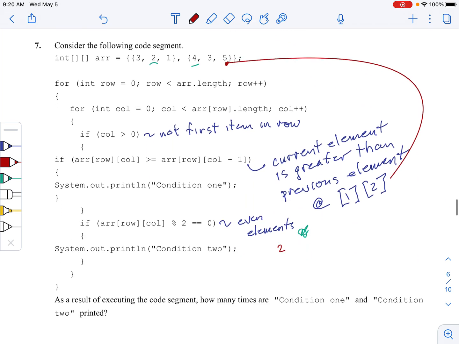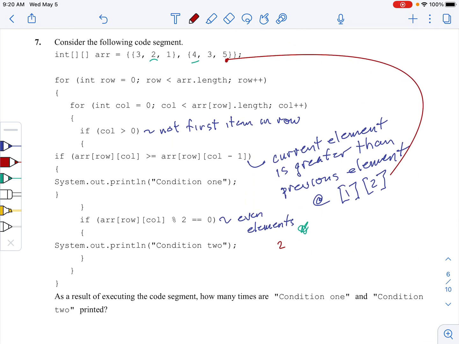Moving right along, number 7. Again, translating this, what's happening. I'm looking for how many times this is going to print and how many times this is going to print. So the first thing is make sure it's this conditional checks. It can't be the first item in the row, okay? And it's also looking, this translates into English, says if the current element is greater than or equal to the previous element.